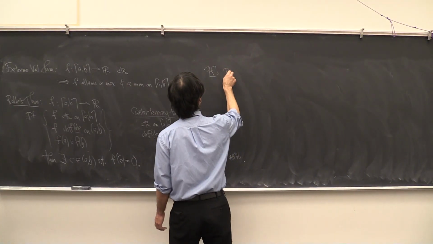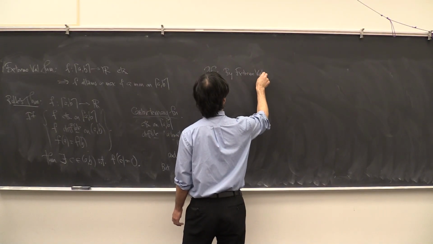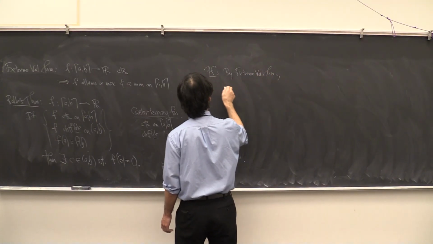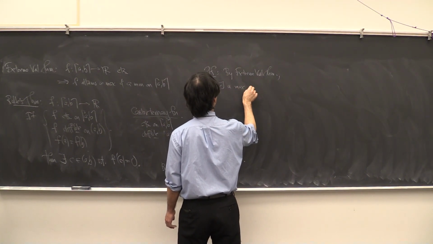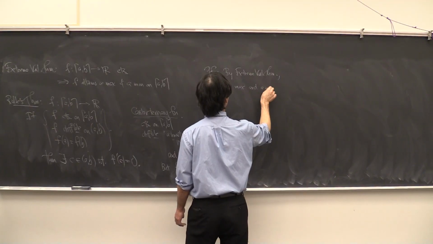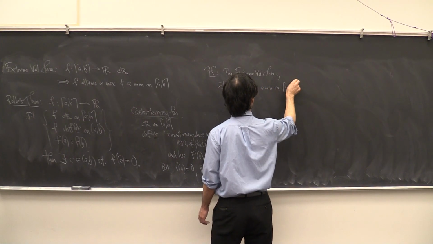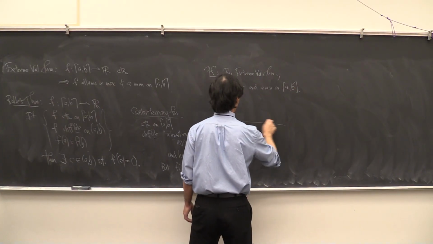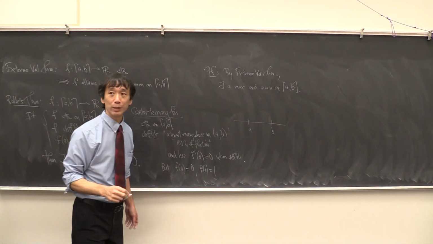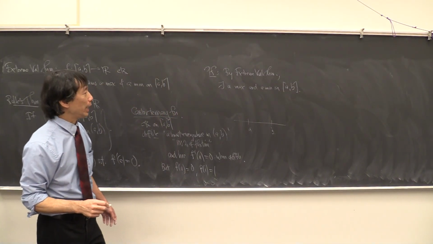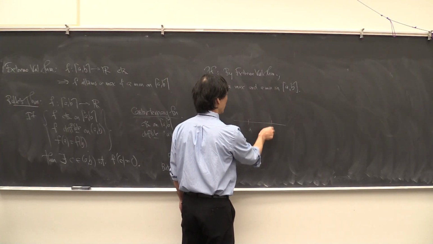So by the extreme value theorem, we know that there exists a max and a min in [a, b]. Right, there's some point in [a, b] where we reach a max, and some point where we reach a min.